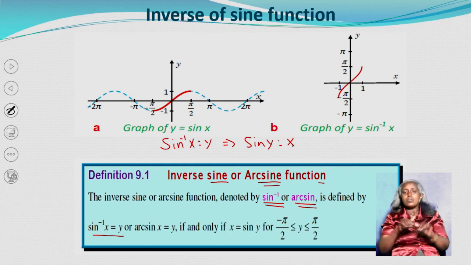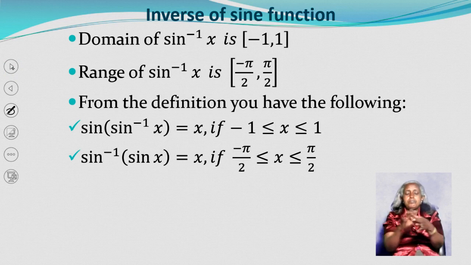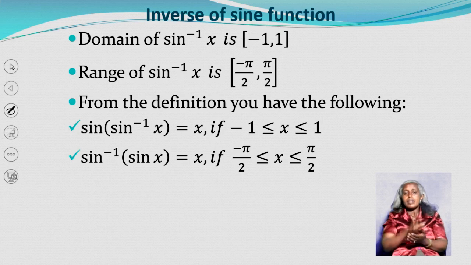Now let's continue. As we said earlier, the inverse sine function has domain between negative 1 and 1, and its range is between negative pi over 2 and pi over 2. From the definition you have the following: sine of sine inverse of x is equal to x.